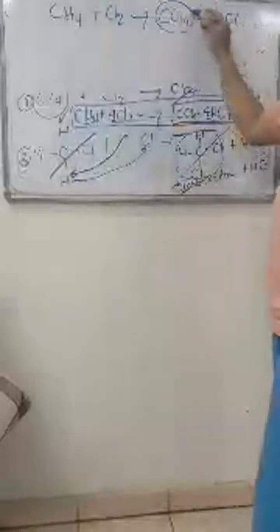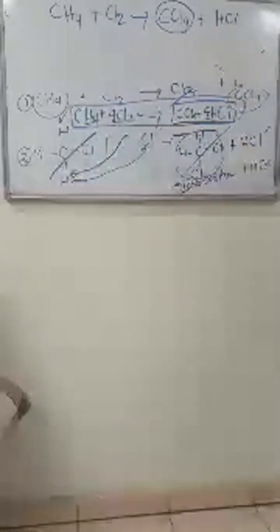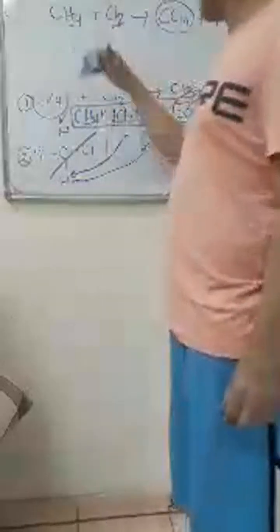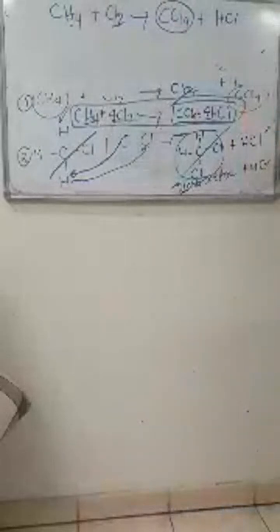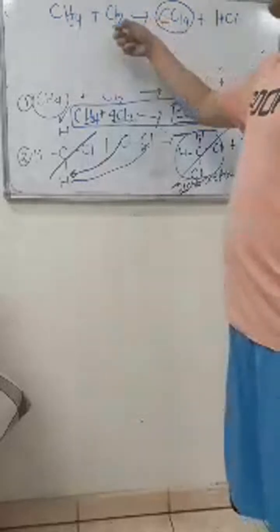Why carbon tetrachloride? Actually, there are so many possibilities. Because you have chlorine and hydrogen, it's expected to have an HCl. Take note, there's another Cl that will form.